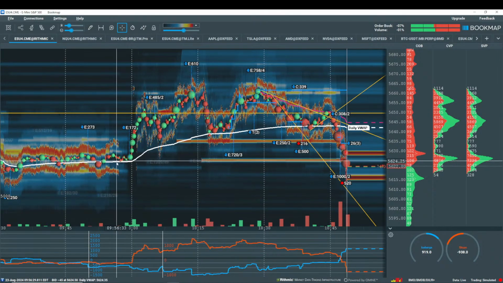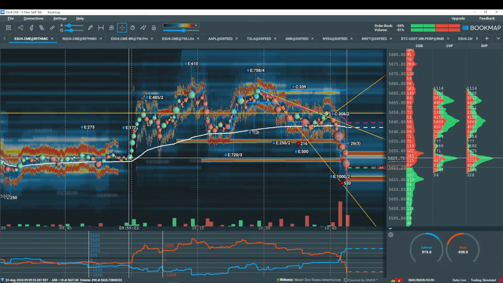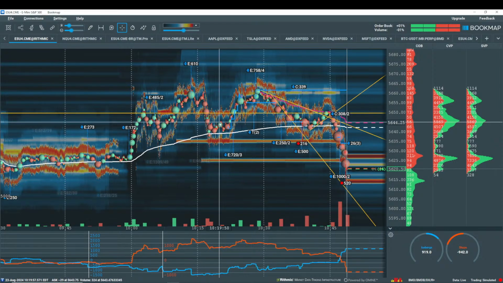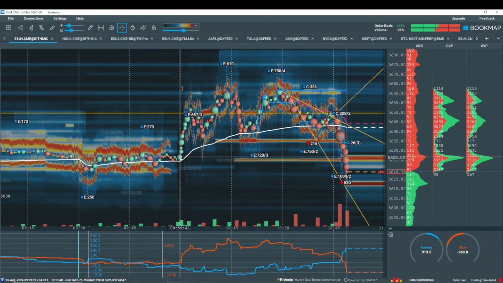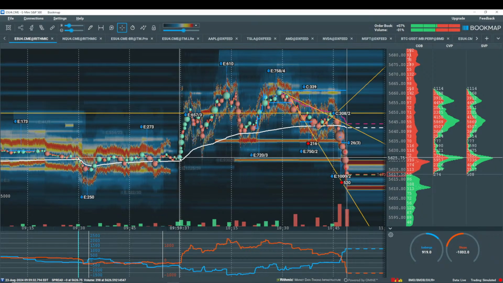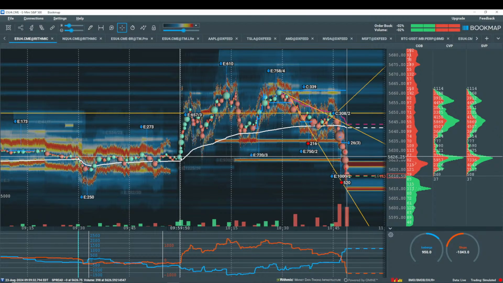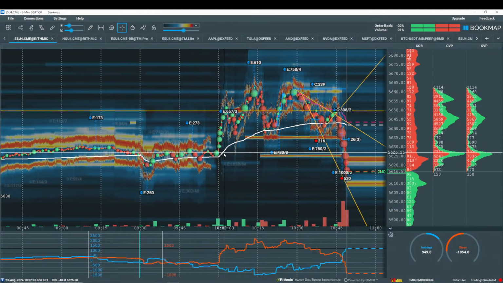Now we were looking for 25. This came after taking a bad trade. Well, we got stopped out on a really good trade last week on an open range breakout. And it was upsetting.